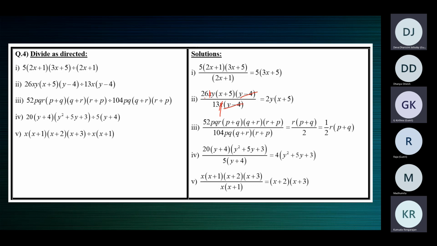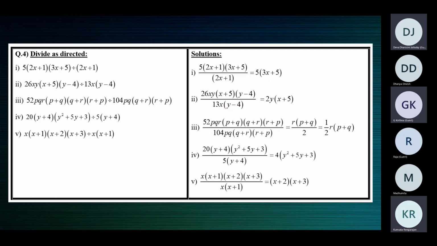When they're connected by multiplication sign, they're all independent. 26 is free, X is free, Y is free. Each one is free. Plus minus sign, they make an expression. You cannot separate them.